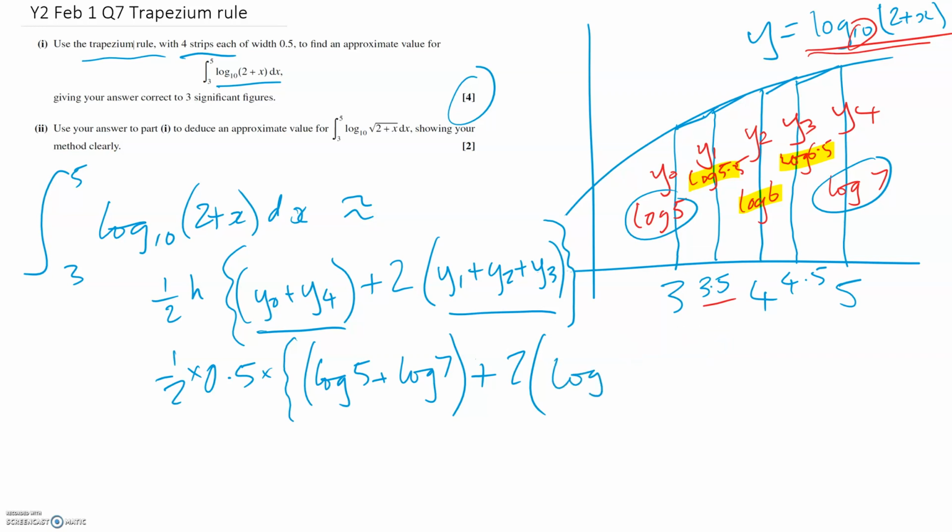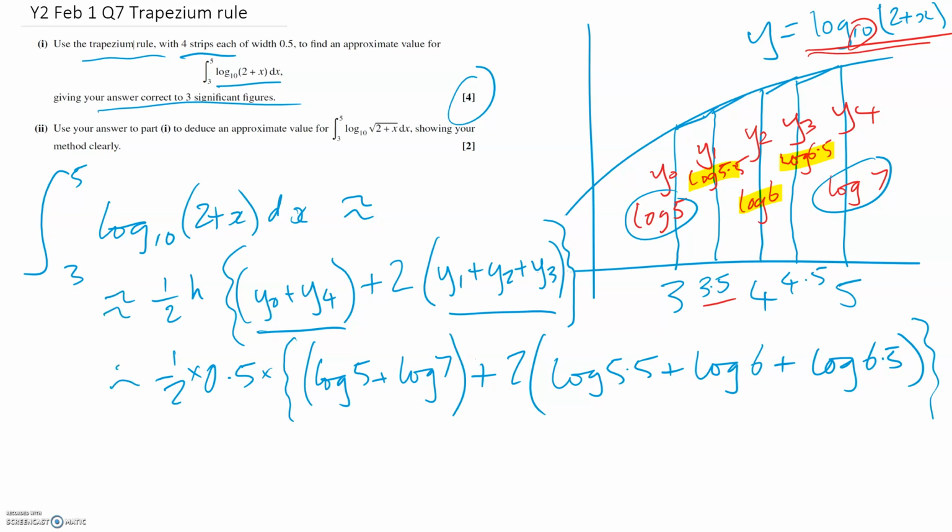So we need 2 of those, 2 of these, and 2 of these. And then you can just type this into your calculator. It doesn't say leave it exact, it says give your answer to 3 significant figures. So if you type that all into your calculator, you'll get 1.55173 something. And so we can say that's 1.55 to 3 significant figures.